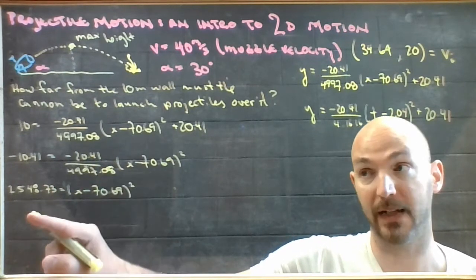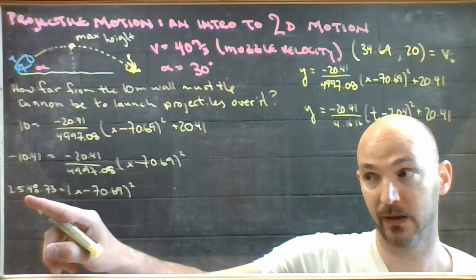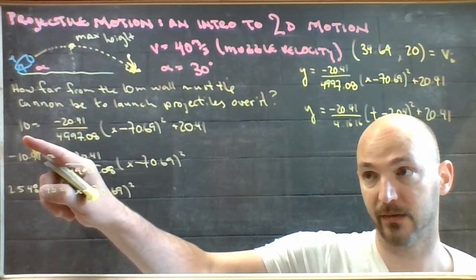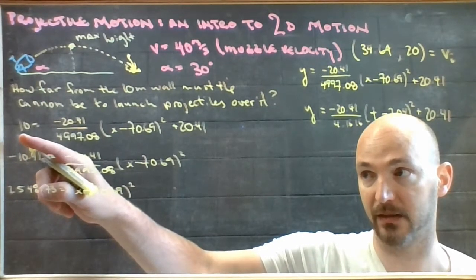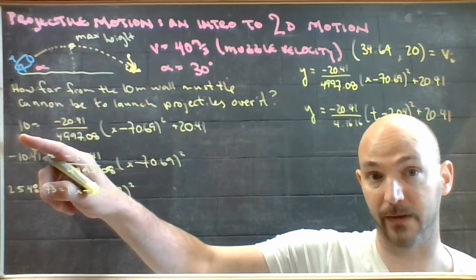So in fact, if that had happened to you, in order for this to end up positive, this would have had to be bigger than 20, well, like 21.